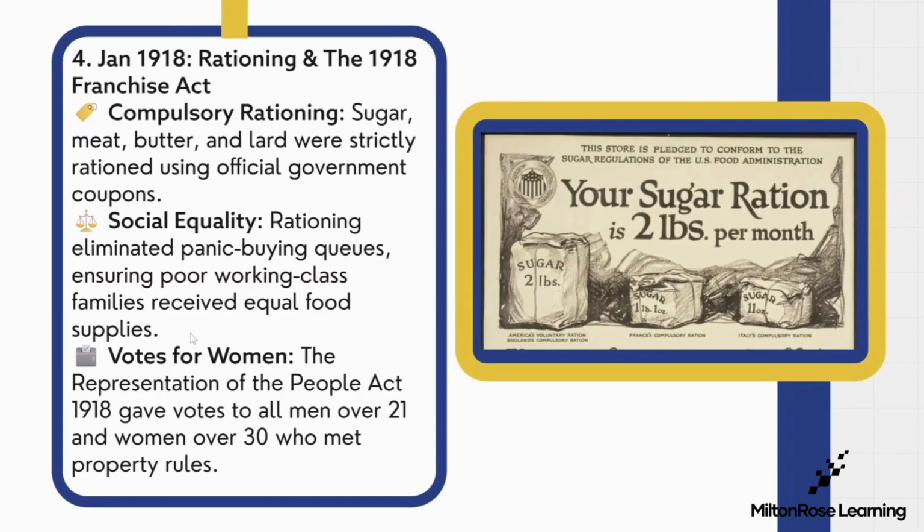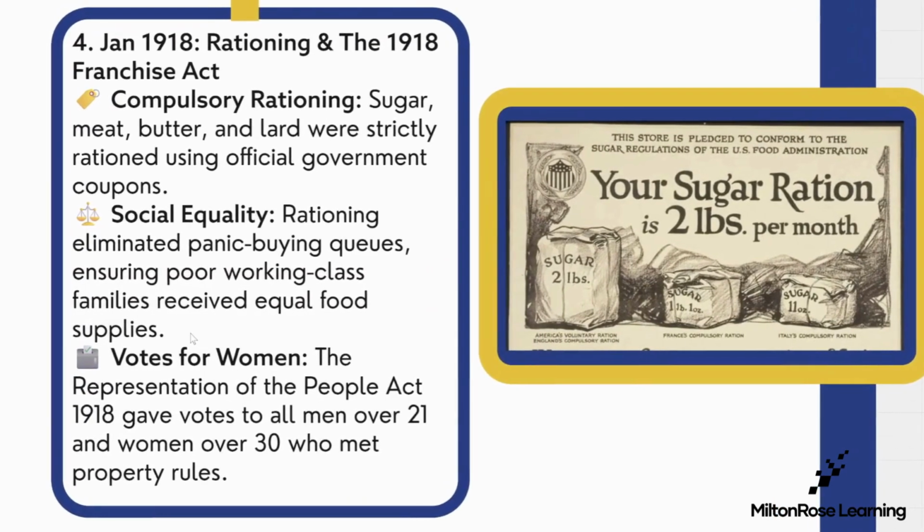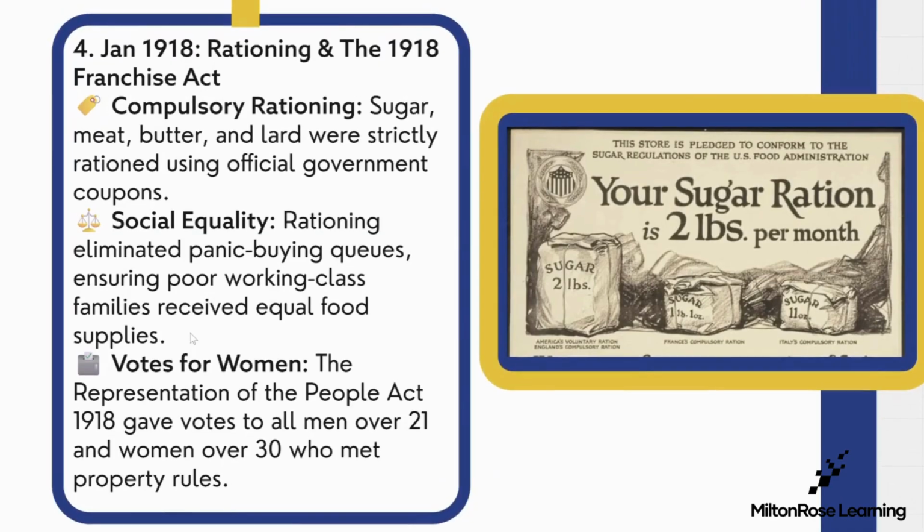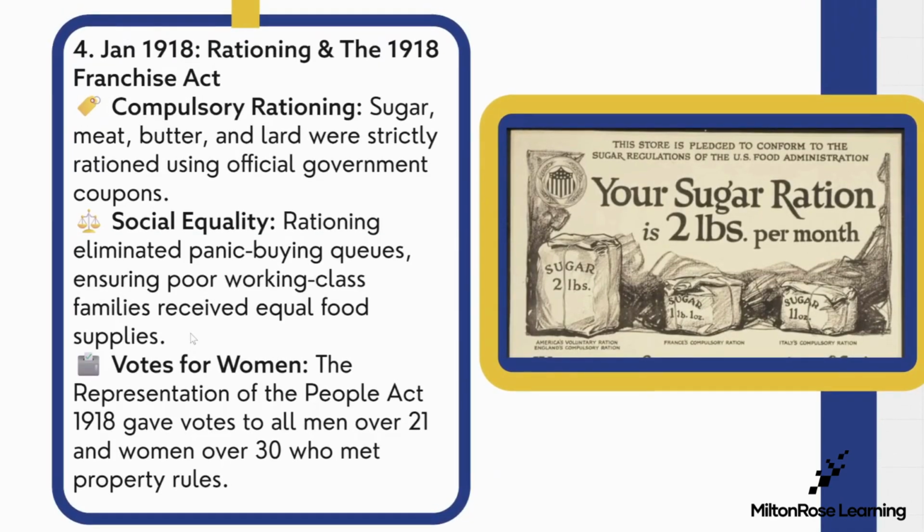And then lastly, January 1918, we have the dreaded rationing and the 1918 Franchise Act. Let's unpick this because these are big changes as well. Compulsory rationing: sugar, meat, butter and lard, animal fats basically, were strictly rationed using official government coupons. You can see elements were very tightly controlled.